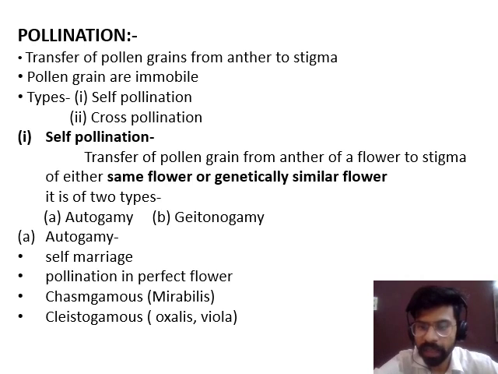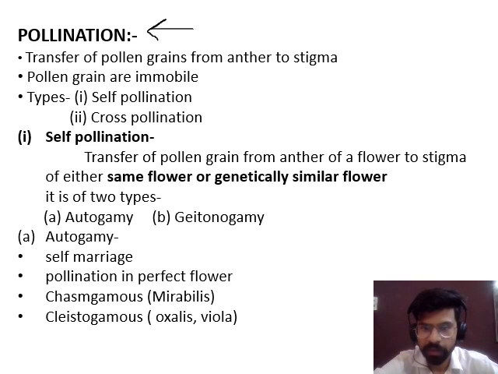The transfer of pollen grain from anther to stigma is known as pollination. Note down, pollination is the process used by plants for the transfer of their gametes.